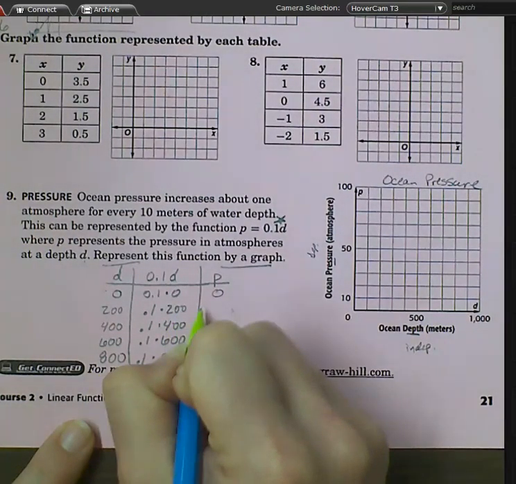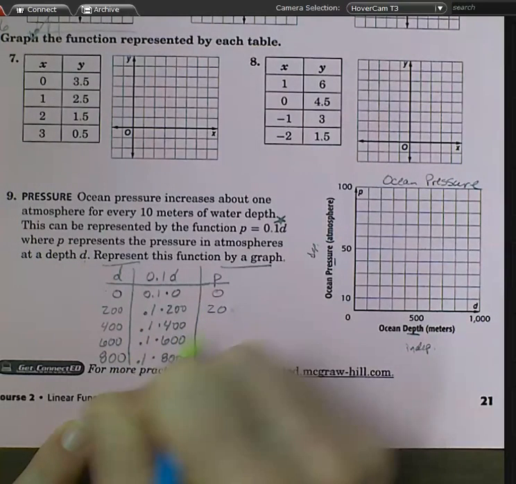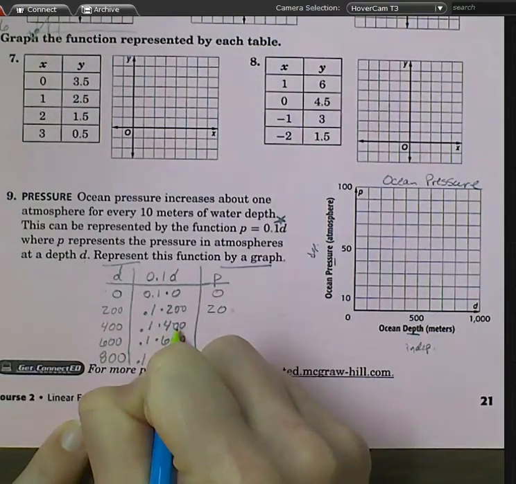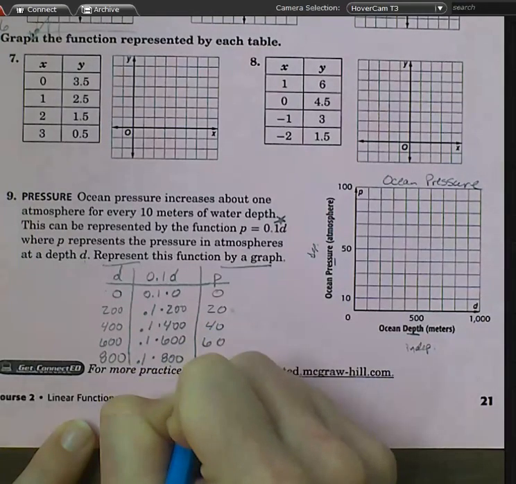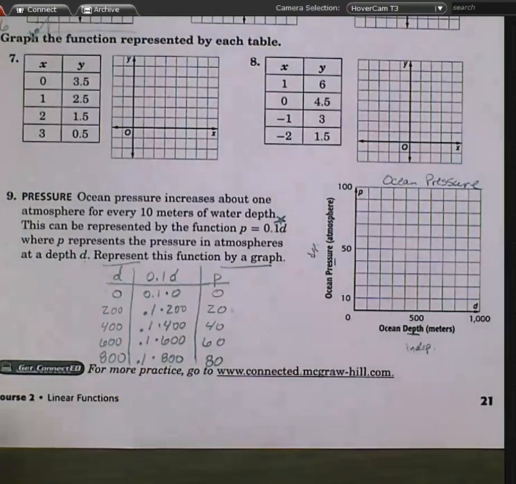Because it's a tenth. What's a tenth of 400? 40, 60, and 80. I am very hopeful that you're using your brain and not a calculator for that. Sometimes your brain is the best tool. That's number 5 over there that says you know which tools are appropriate to use when. Sometimes calculator is awesome. This is not one of those times.